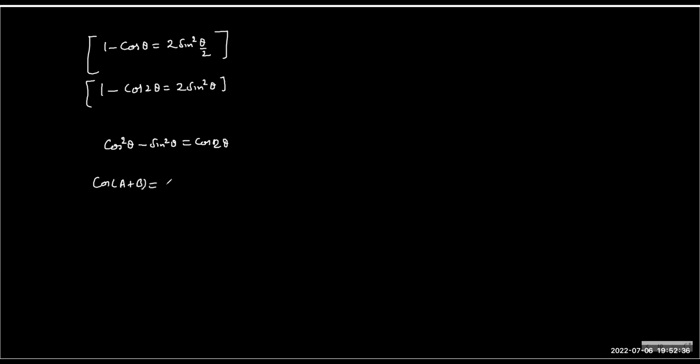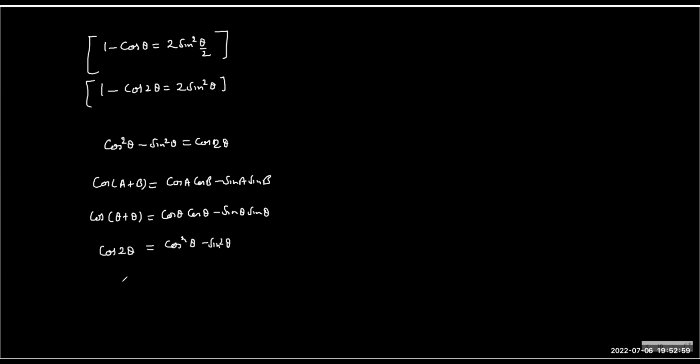Cos of A plus B. What is cos of A plus B? Cos A cos B minus sin A sin B. What if I put A and B as theta and theta? Cos theta cos theta minus sin theta sin theta, and this is exactly cos 2 theta.